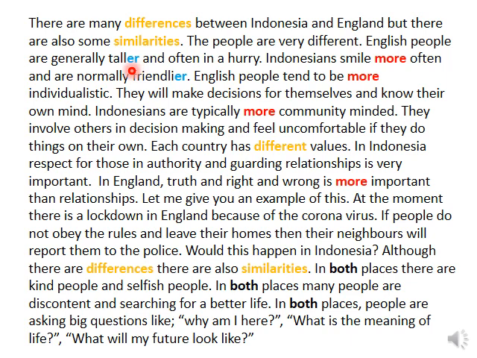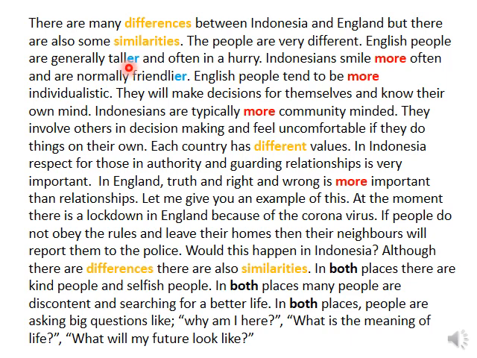Another thing that we often do in English is to compare and contrast by changing the word tall to taller, or changing the word friendly to friendlier. We are saying that one is more than the other.